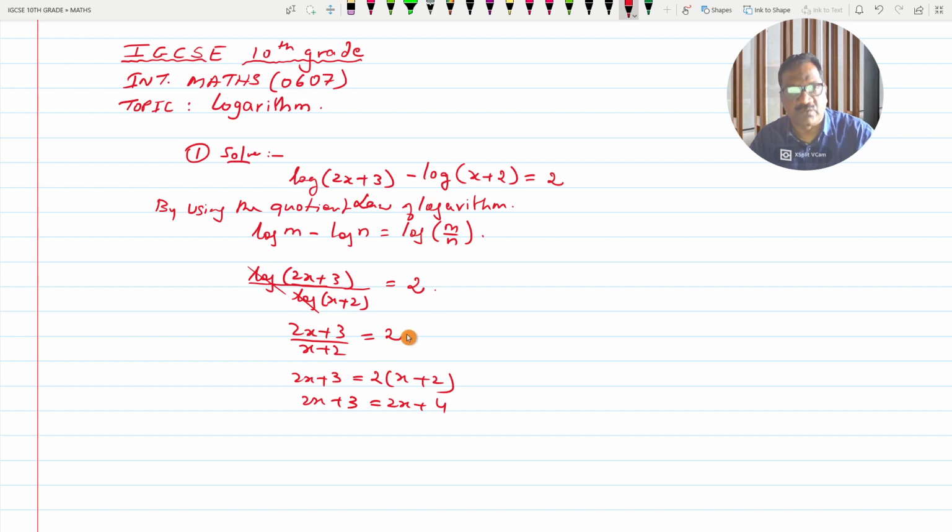No, what you have to do is you cannot cut this way. You'll have to make this also in terms of log. So what you can do is write this 2, this was 2, isn't it? This 2 can be written as log of 10 raised to 2, and then this log all will cut.